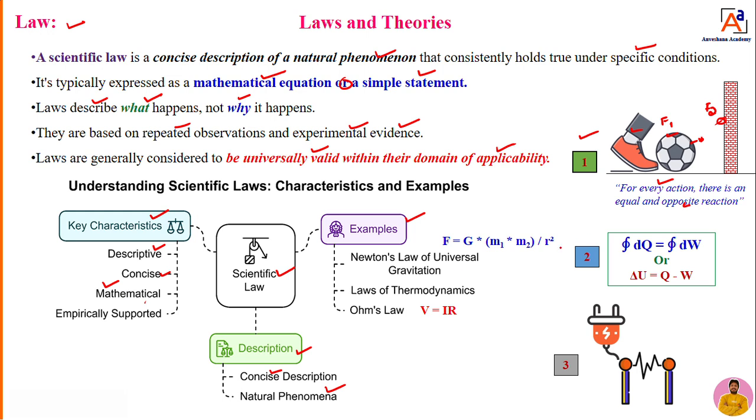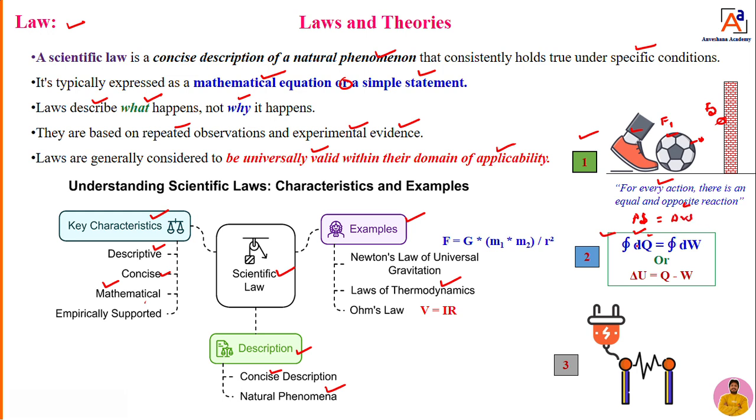Second example, you can take the laws of thermodynamics. I will take the first law of thermodynamics. What is the first law of thermodynamics? By seeing the equation itself we can understand. Cyclic integration of heat supplied is equal to cyclic integration of work done. In simple terms, the amount of heat supplied is equal to the amount of work done.